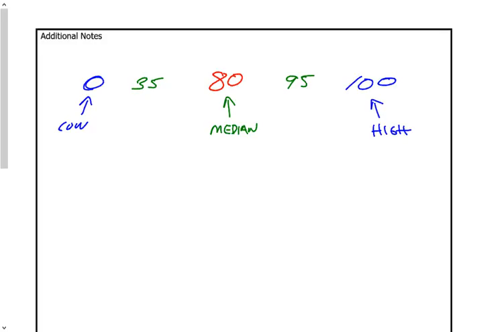What are these 2 green values then? Well, the green values are the middle of the middle. So this 35 represents the median between 0 and 80. It's called the first half median.